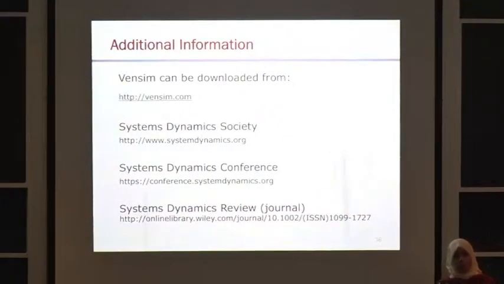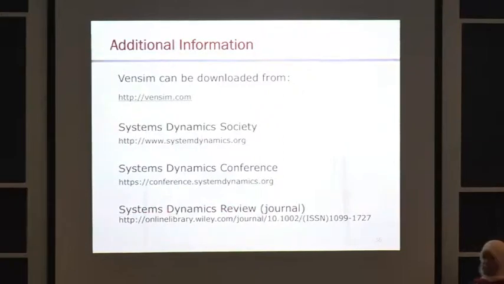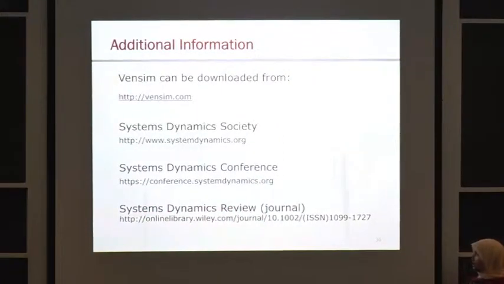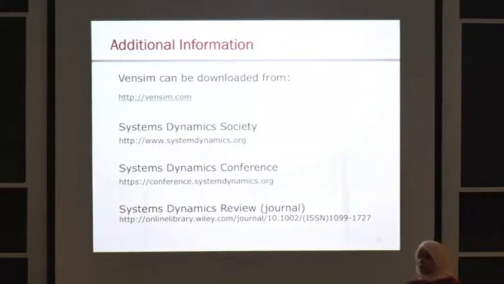There's a journal, System Dynamics Review, established almost 35 years ago. Especially if you want to know the latest and greatest methods and techniques, this is a good journal to search through and see what the latest research is and what approaches are being used. All right. So these are just some links for your information, and you can check them out.